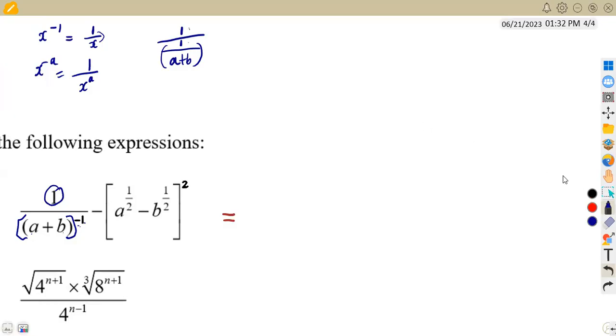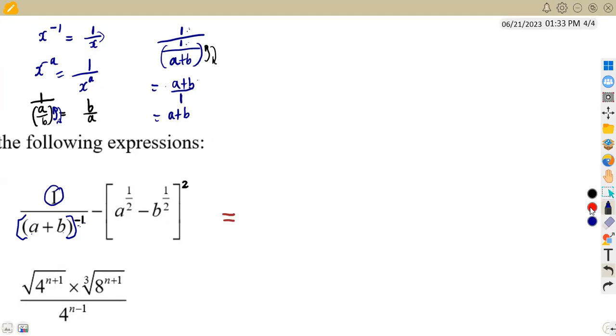So what can we do? 1 over a over b, 1 divided by a over b, I explained before that this is the same as b over a. 1 over simply means the inverse of; you simply invert your fraction. So if I'm given 1 over a plus b, this simply means the inverse of this denominator part. So we are going to have a plus b on top, a plus b over 1, of which a plus b over 1 is the same as a plus b.